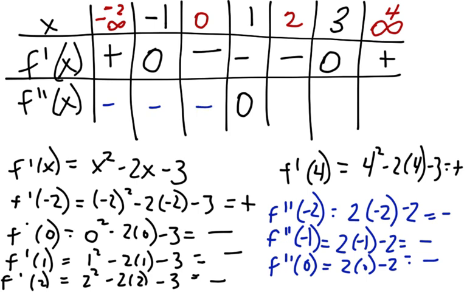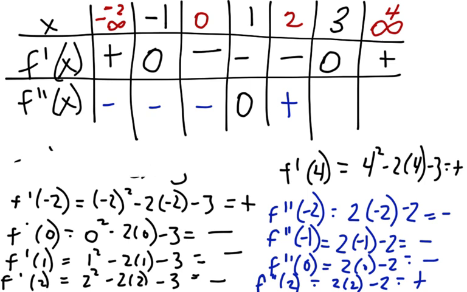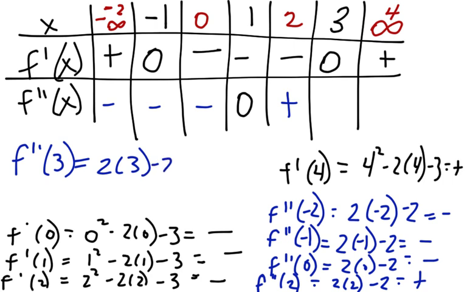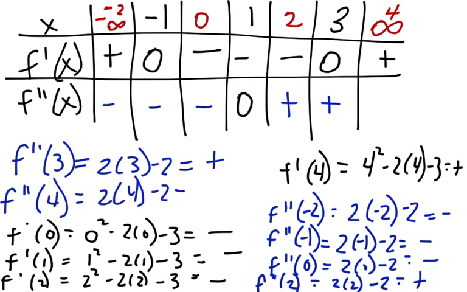And f double prime of 2, that's a positive. And f double prime of 3, let me go back over here on this side and erase so I have a little bit more room. That's a positive. And f double prime of 4 is also a positive. So my sign chart is complete.